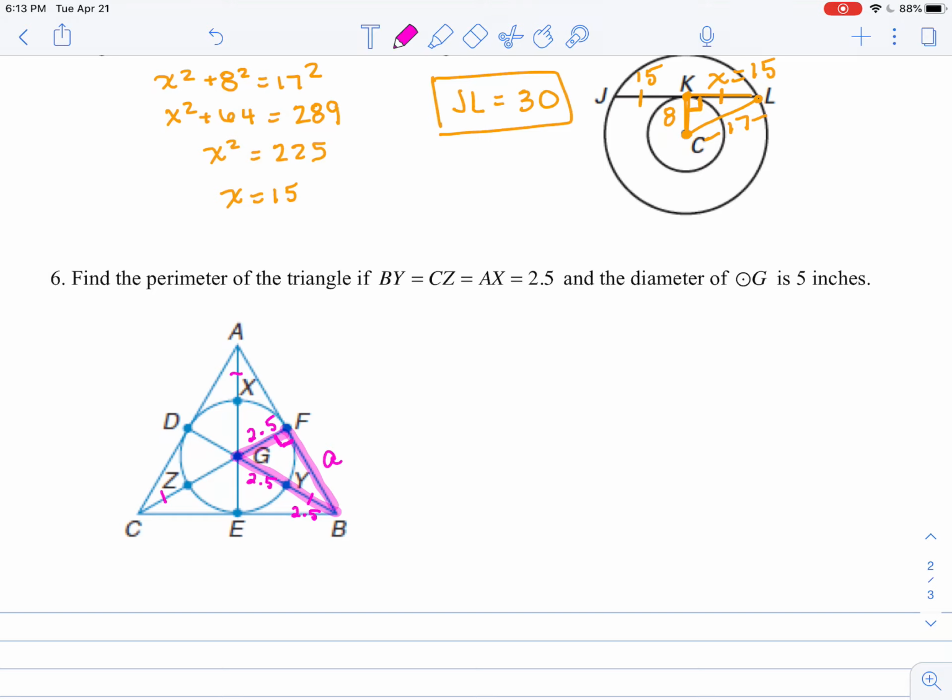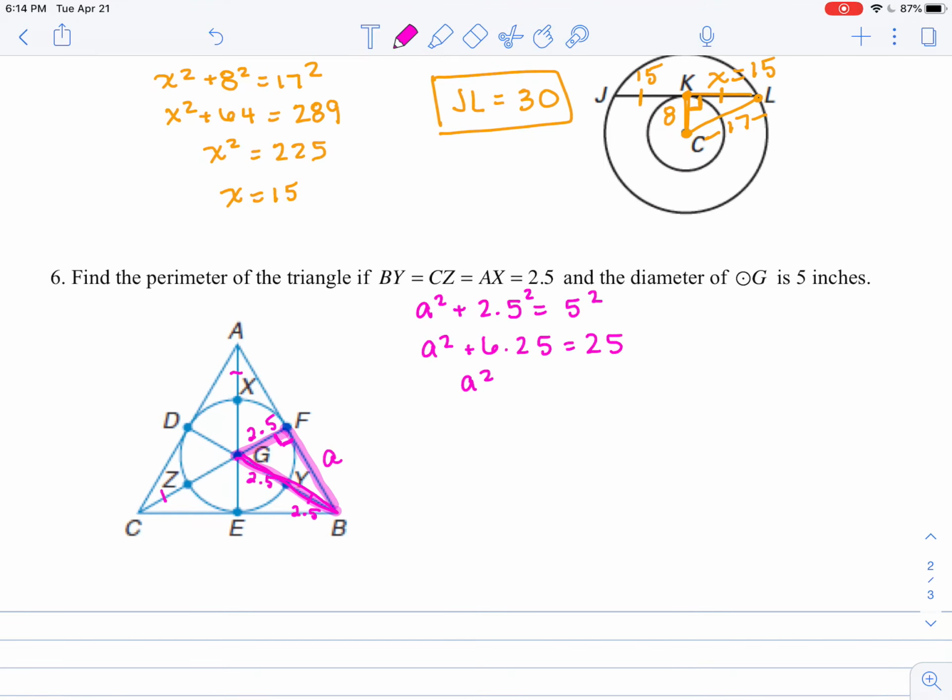So as you can see, Pythagorean theorem is very popular in this section. So again, we'll use Pythagorean theorem to solve for the missing leg. The equation for this triangle would say a squared plus 2.5 squared equals the hypotenuse here, 2.5 plus 2.5, should be 5 squared. That becomes a squared plus 6.25 equals 25, or a squared equals 18.75.